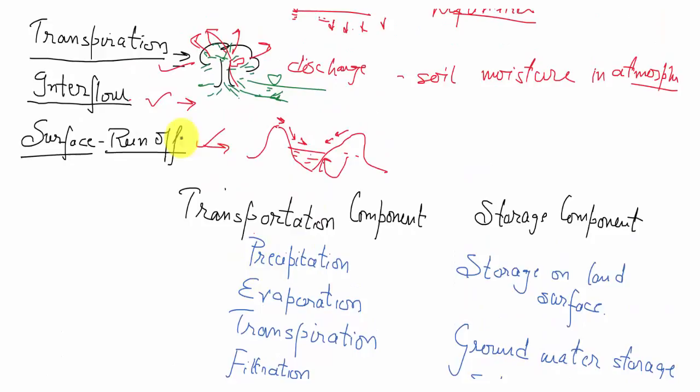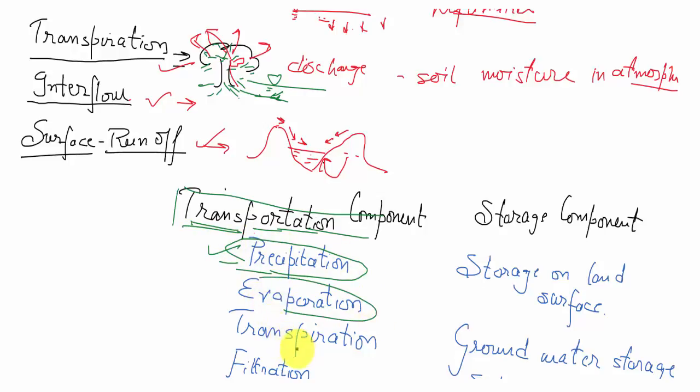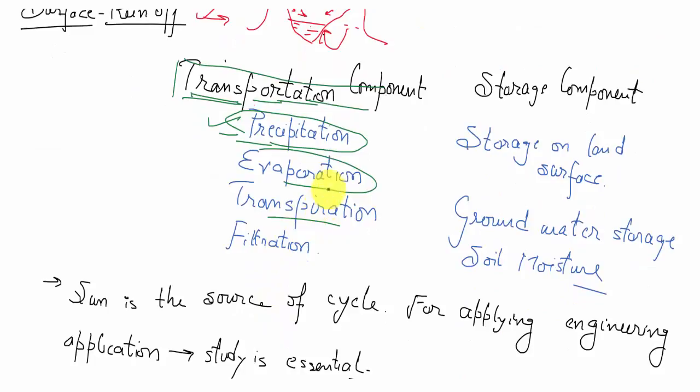So now let us see the transportation component and the storage component. Transportation component means how the water can move. So we can see water moves through evaporation, precipitation, transpiration, filtration. These are the various ways through which a water molecule, or one form of water, moves from one place to another place.